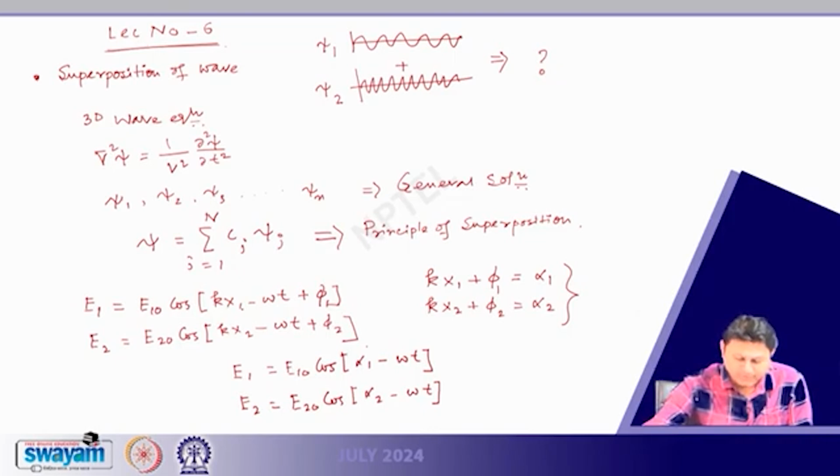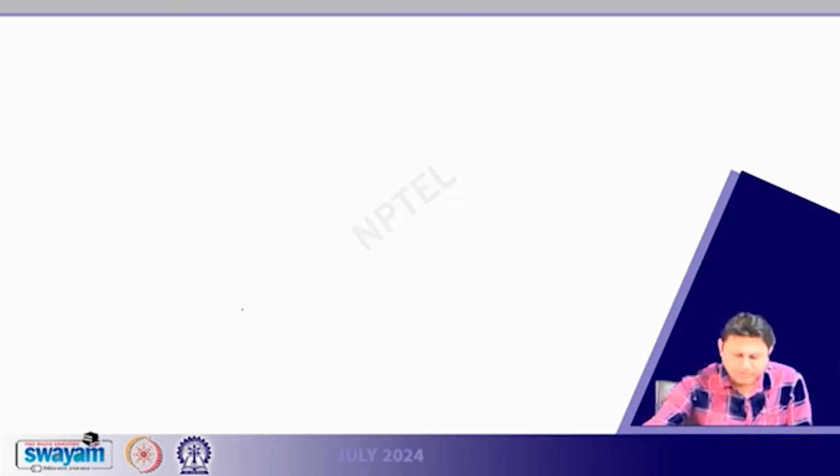of these two waves. So using the linear superposition principle, the superposition ER of these two waves is E1 plus E2. That is called the linear superposition.